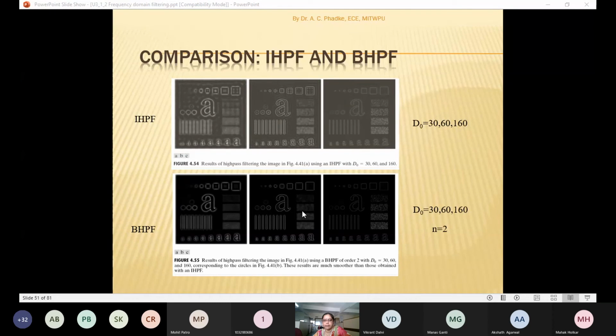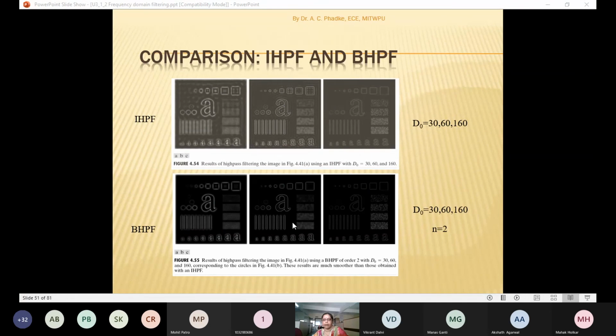Now if you look at the Butterworth high pass filter with the same distance, that is 60 and order 2, you can observe a very good result. Here there is no ringing, and at the same time all the details in the picture are sharpened. You can observe that all the boundaries are very sharp and there is no ringing effect, because here we have filtered the image by the Butterworth high pass filter.